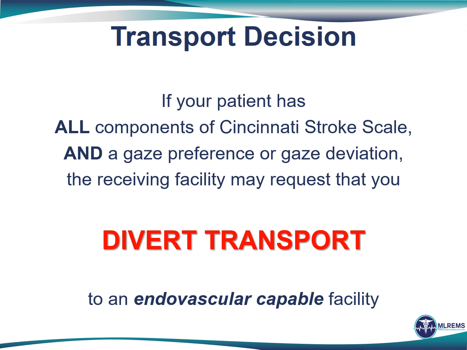This video is simply sharing the assessment tool of how to assess for a gaze abnormality or a gaze preference, so that if you are asked about this during your medical control consultation or pre-arrival notification, that you know how to assess it and what that might mean, as well as how this may play a role in the patient's ultimate destination choice.